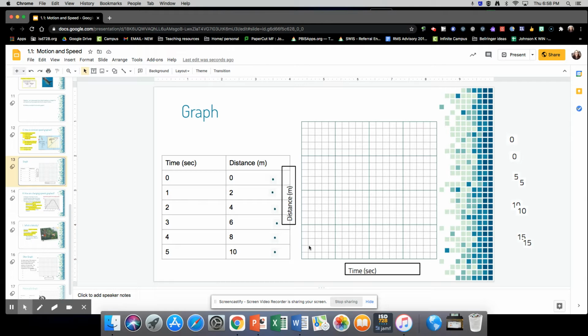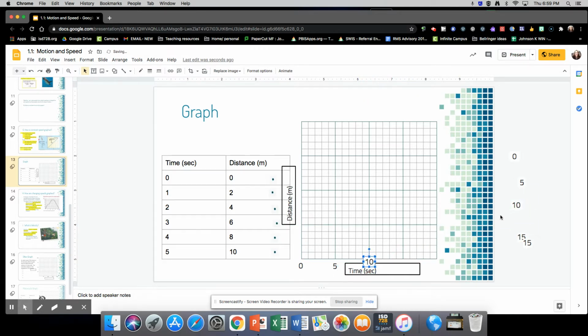Then I'm going to put my intervals, or my spacing, on here. For my time, I need to go only from 0 to 5. I'm just going to have each line be 1 second.